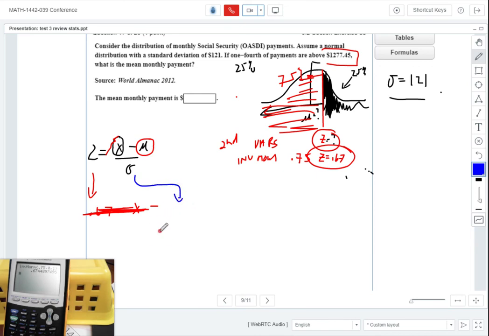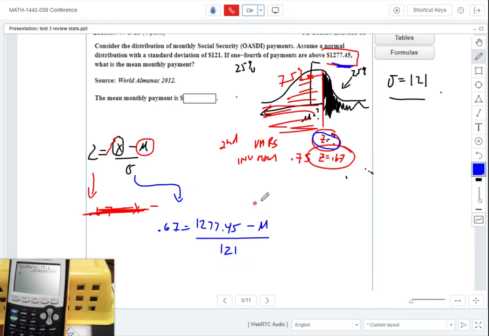The Z value is 0.67. Our X value is up here. This is the value we were talking about, 1277.45. We're looking for the average. That's what the question was. And the standard deviation was 121.